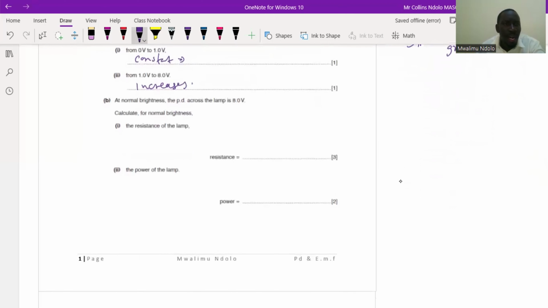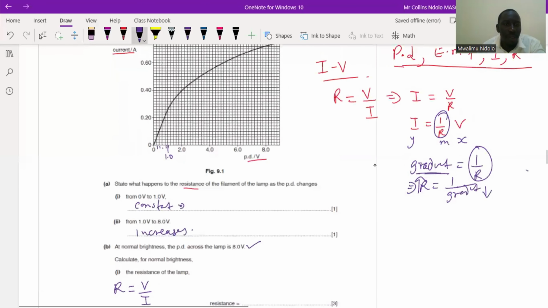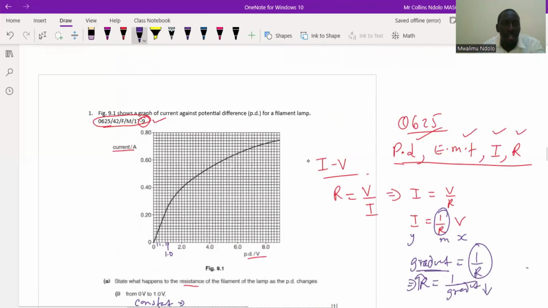All right. At normal brightness, the PD across the lamp is 8.0 volts. Calculate for normal brightness the resistance of the lamp. We have already stated that R is given by V over I. Because we have V, the potential difference, we need to look for I. We need to use the graph because the information is there from question number 1.